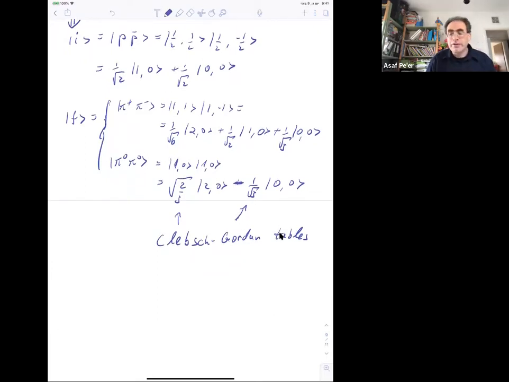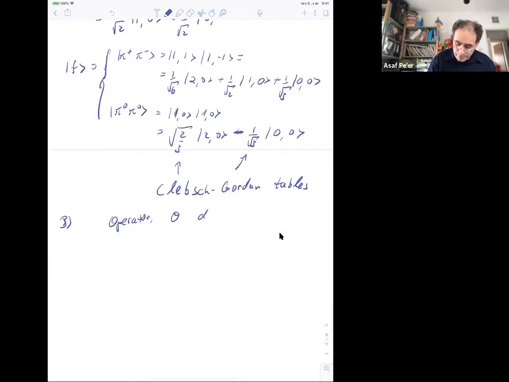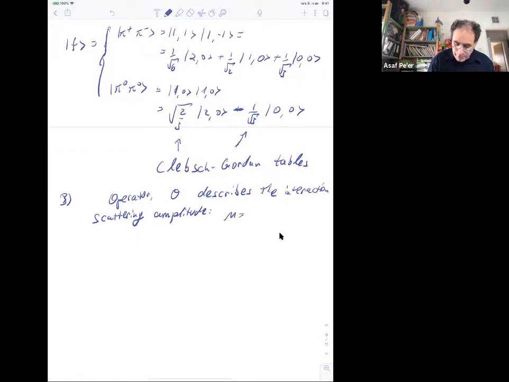So basically we have some operator, O, which is the interaction operator. So the scattering amplitude, M, is just the final state, O, the initial state.